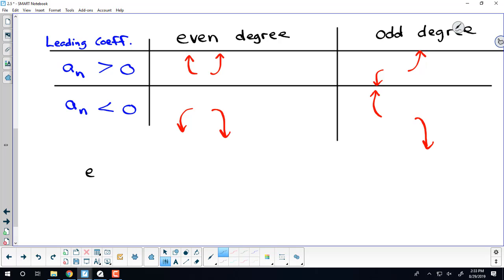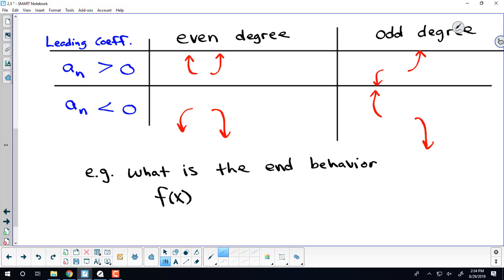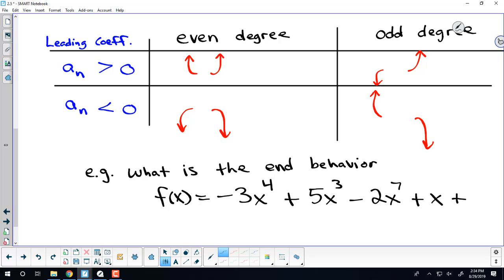So here, for example, what is the end behavior of the function f of x equals negative 3x to the 4th plus 5x cubed minus 2x to the 7th plus x plus 1?